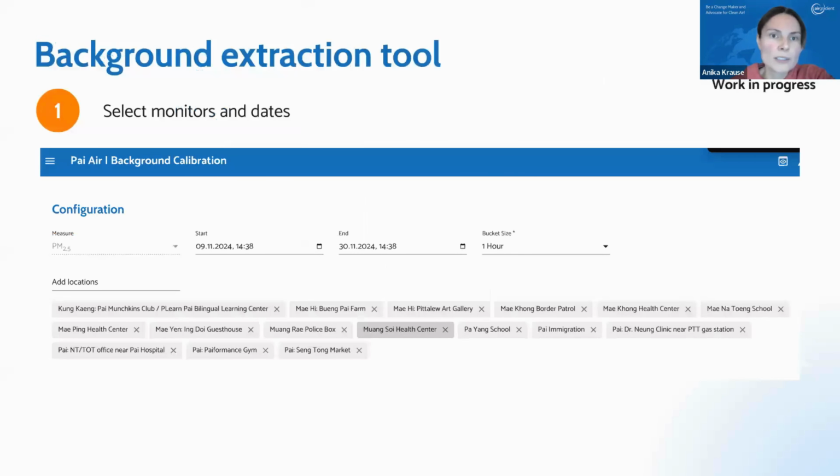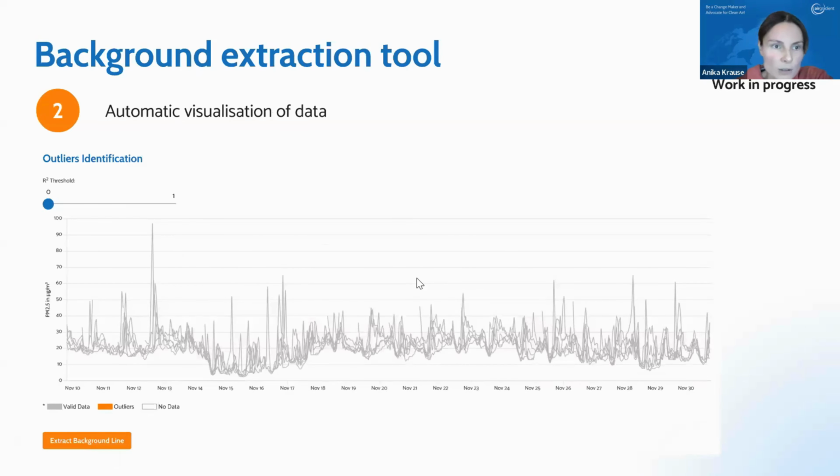So how does the background extraction tool work? Again, we need to put in the time where we want to extract the background and also from which location. So basically here you select this network in Pi, for example, and this is then how it looks. So you have, as you can see, all sensors are more or less following the same baseline.